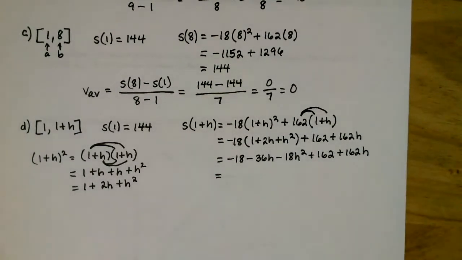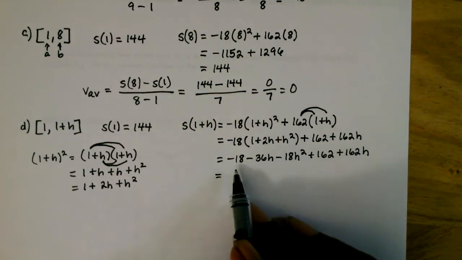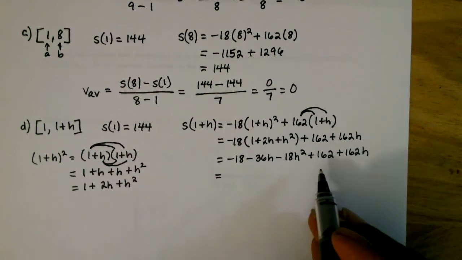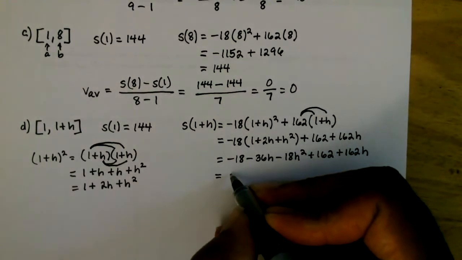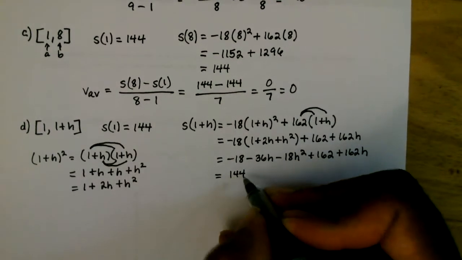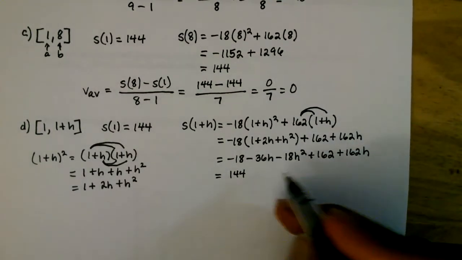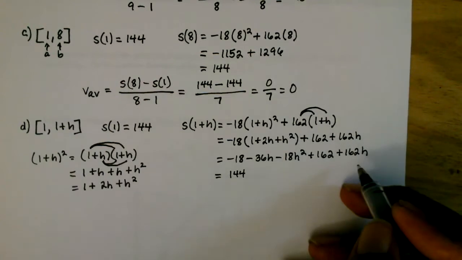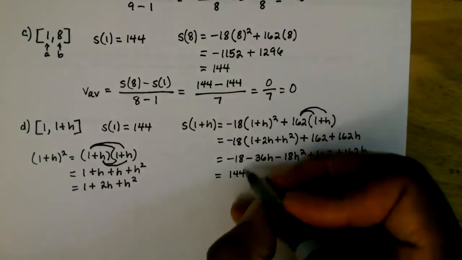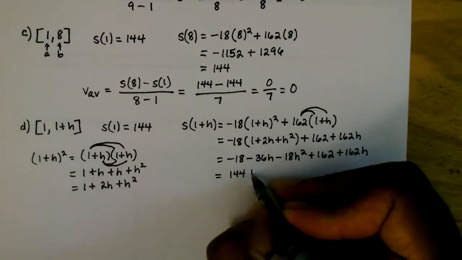Now let's see if we can combine some like terms here. I got negative 18 plus 162. That would be 144. Let's see, minus 36h and a plus 162h would be a plus 126h.